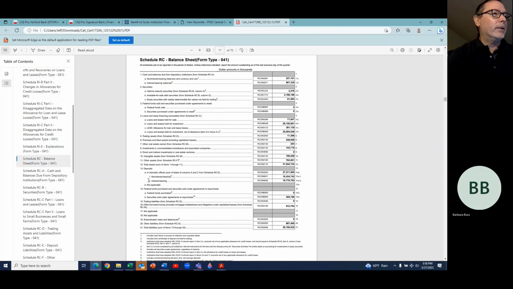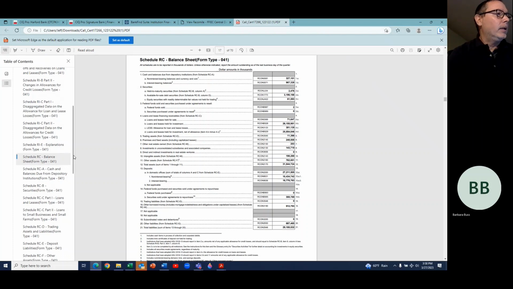You have to add those two together. They also give you in 13A all of the domestic office deposits, so this will be their total deposit number if they have no international deposits. But to be sure, you could simply add row 13A1 and 13A2 to get the total deposit number, and we'll show that in a minute.